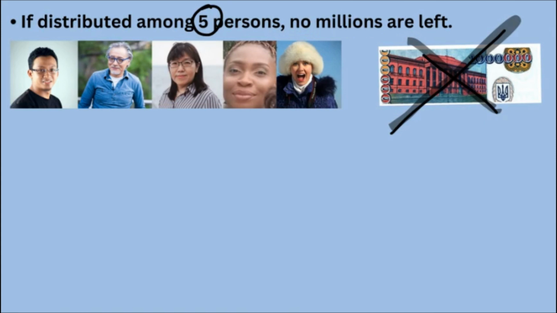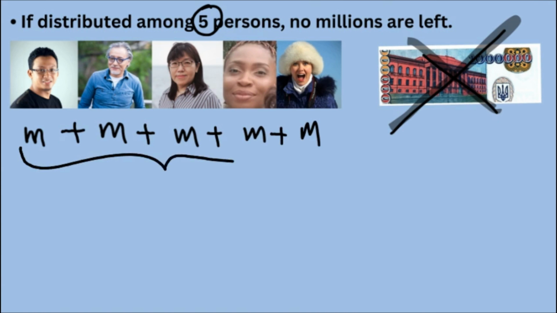Suppose the first one gets M millions, the second one too gets M, the third one also M, the fourth lady M millions and the fifth lady M. So all together we have 5 M's. Repeated addition can always be written as a multiplication, 5 times M, 5M.